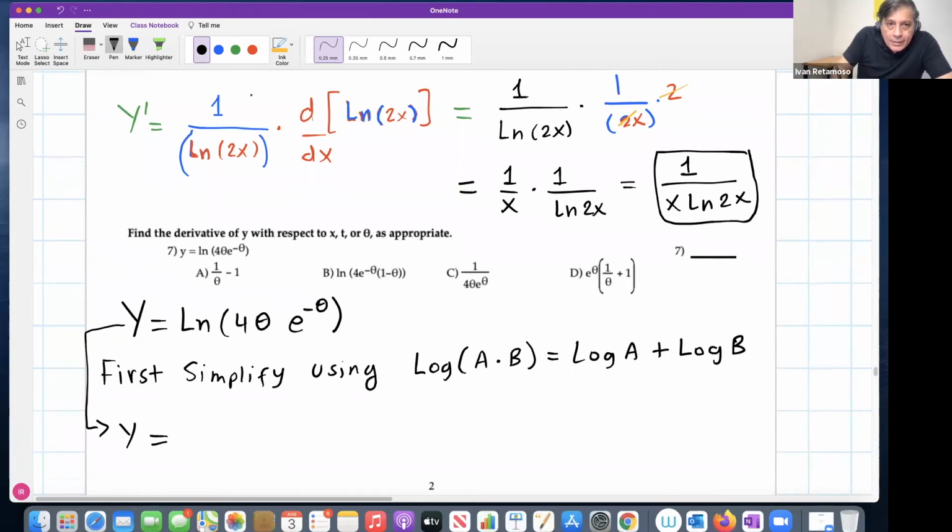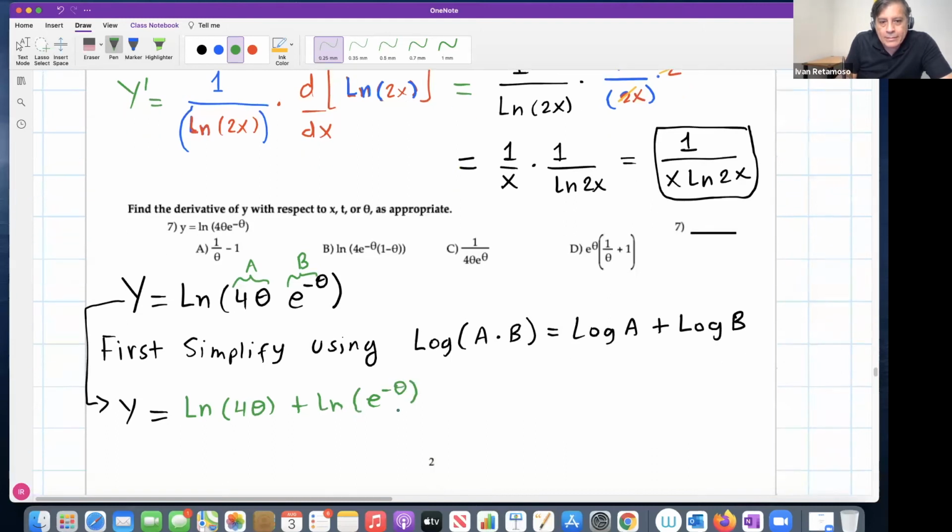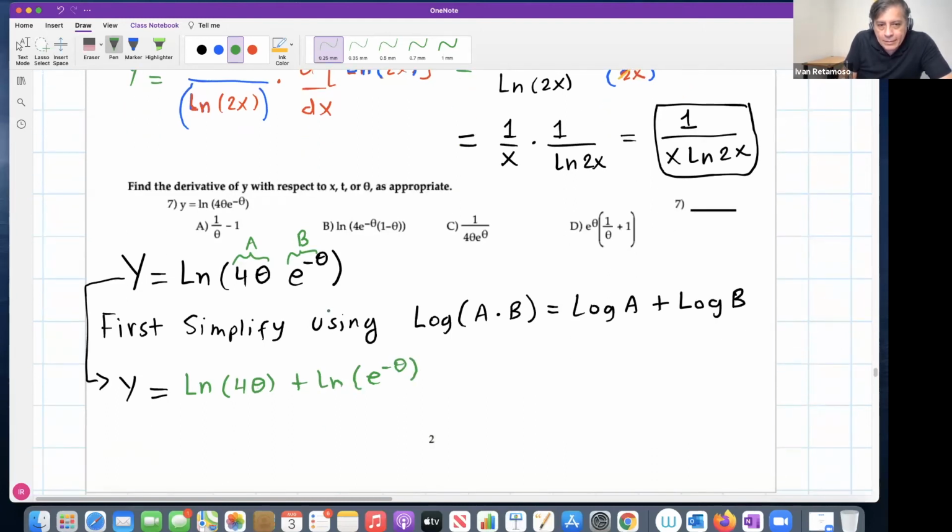If you call this guy A and this guy B, you're gonna have that this is natural log of 4 theta plus natural log of e raised to minus theta, right? Follow, guys? This becomes this using this property.